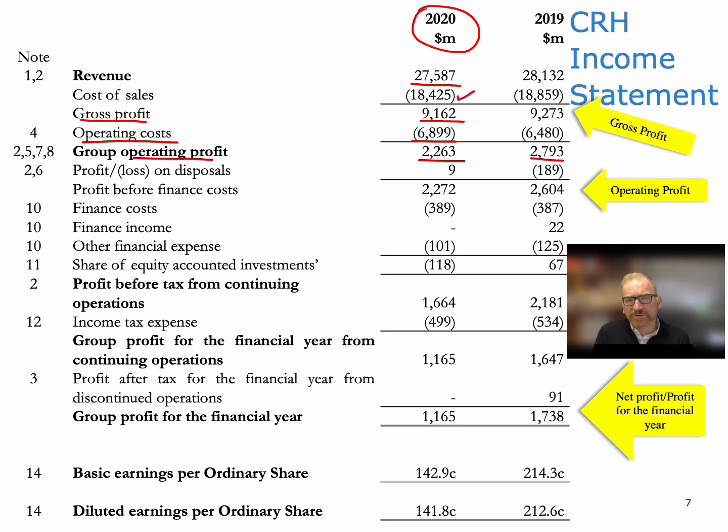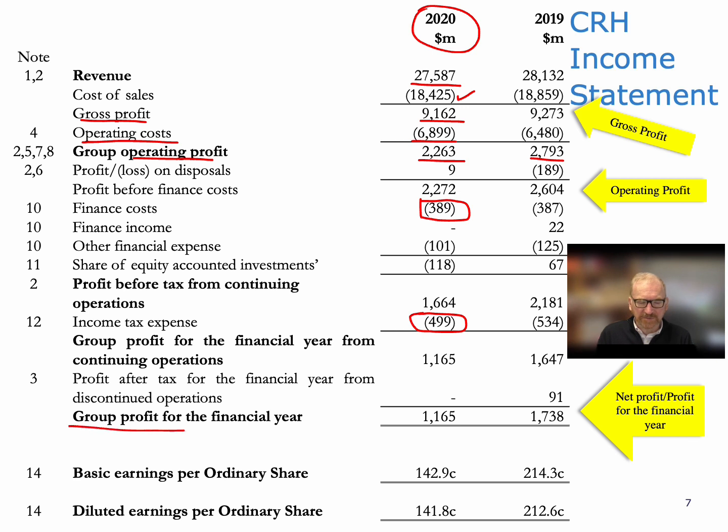And there are two other categories of costs that are important. Those are finance costs, down here, 389 million, and income tax here, which is almost 500 million. So we subtract those two to get our group profit for the financial year.